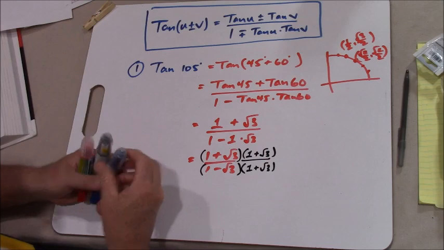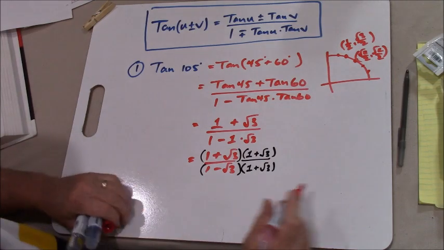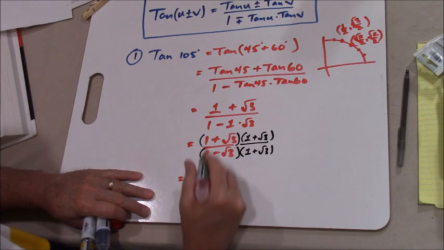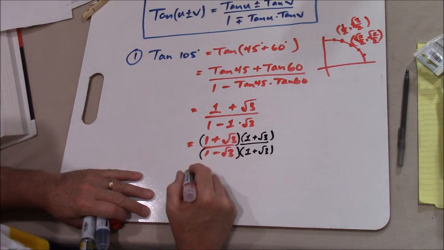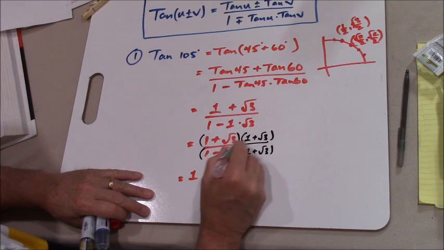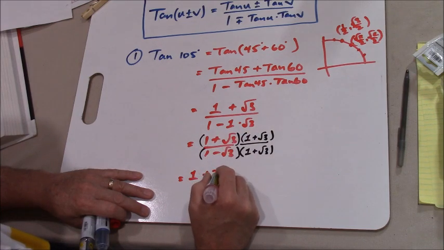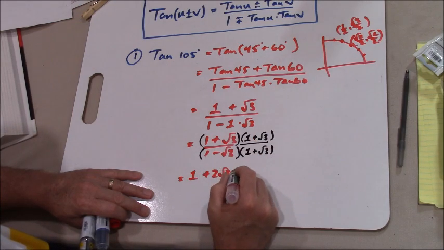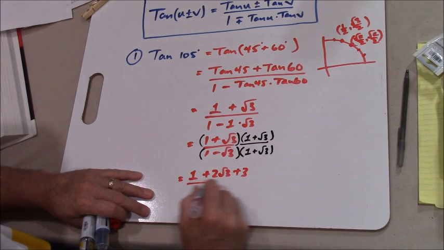Alright, so if I multiply that, I now get, I'll FOIL the top, so I get 1 plus the square root of 3 plus another square root of 3, so plus 2 root 3. And then root 3 times root 3 is 3.